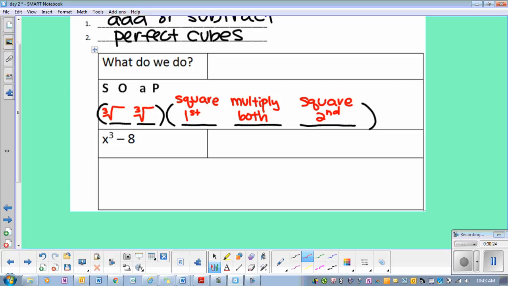So in the brackets you just multiply them. Well, here's the thing. Where are all the signs? Right?